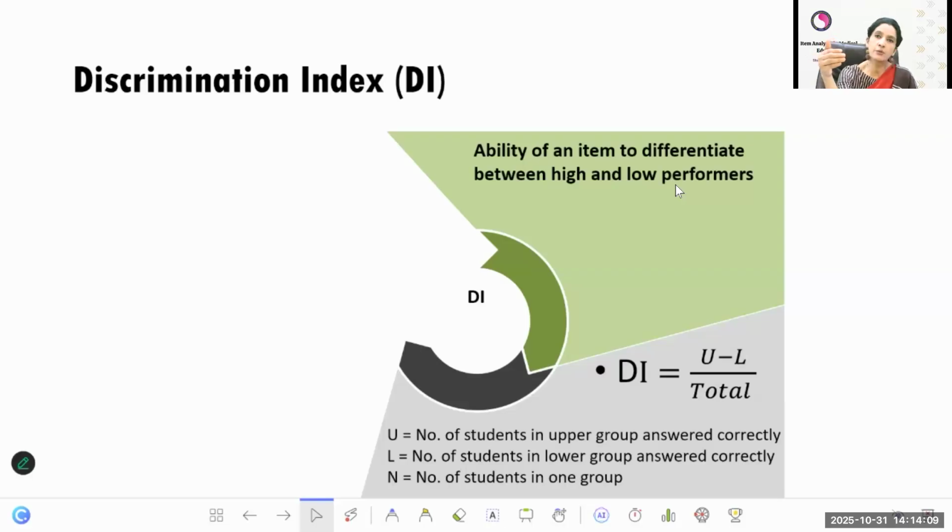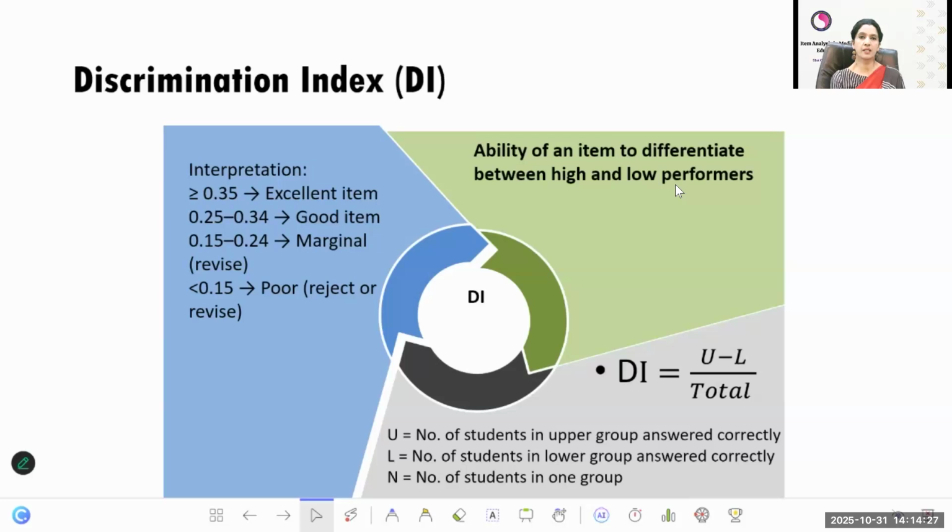And in the denominator, you take the total number of students. So it is basically U minus L by total. U is the total number of students in the upper group who have answered it correctly. L is the total number of students in the lower group who have answered it correctly. So this is the DI.